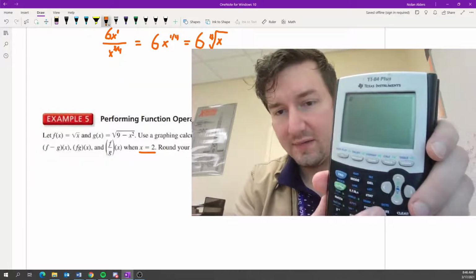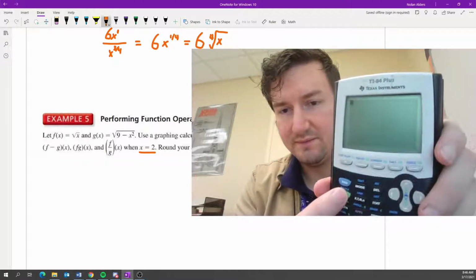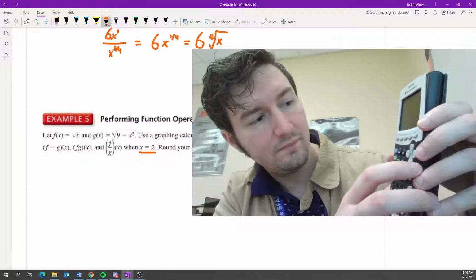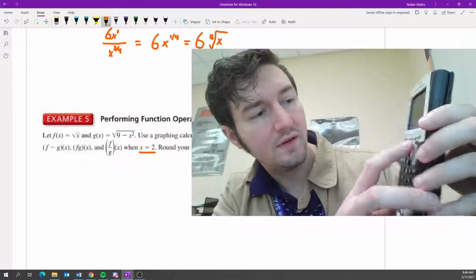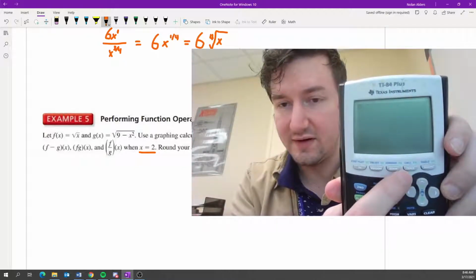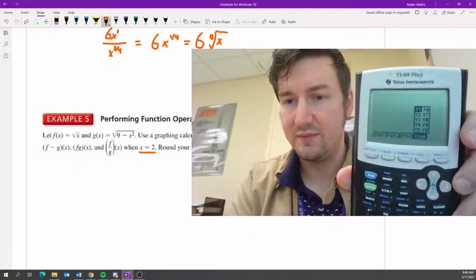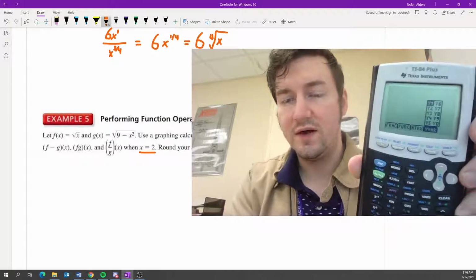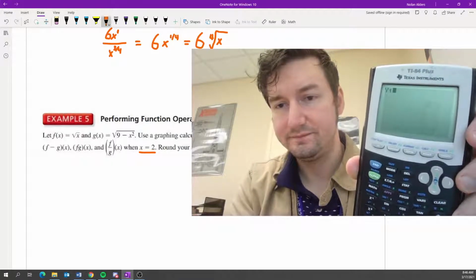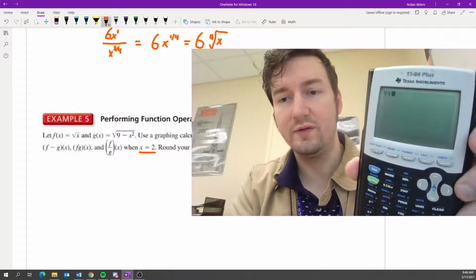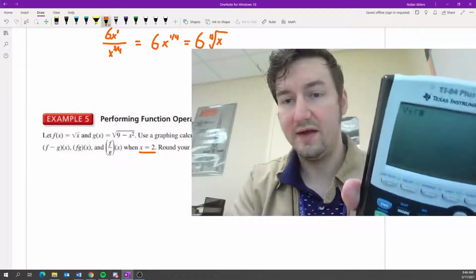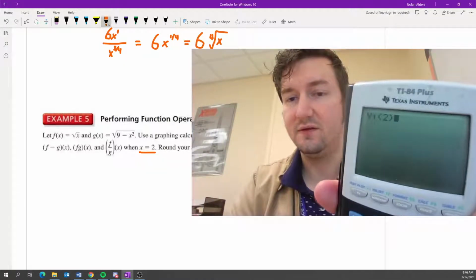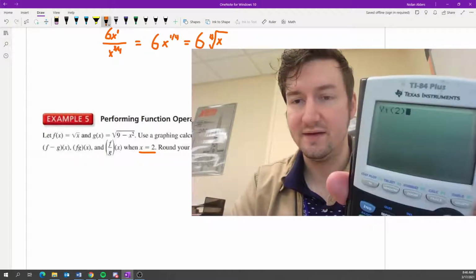We can do alpha, then trace. Trace is right here. Alpha trace brings up all your y's, y1, y2, y3, whatever. Let's say you want y1, so I press enter, and then we want y1 when x is 2, so in parentheses we type 2. That evaluates the function at 2.